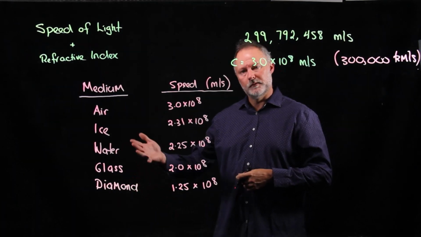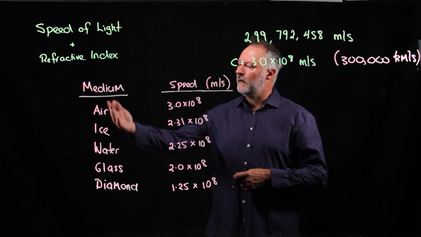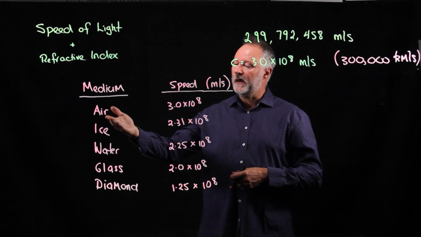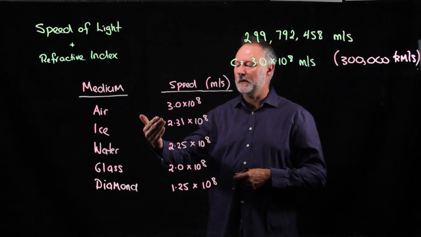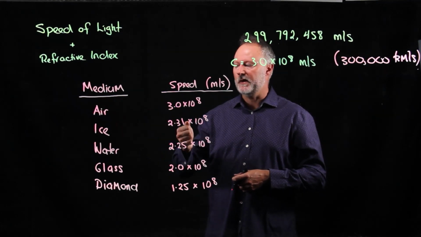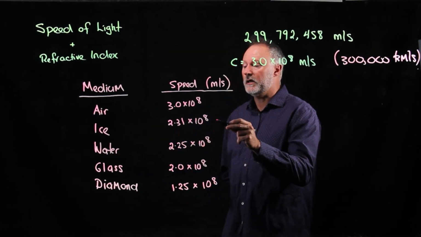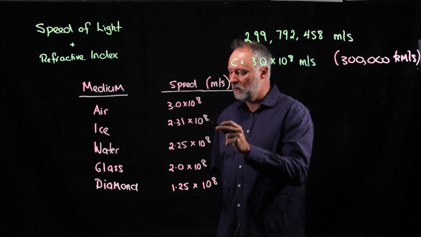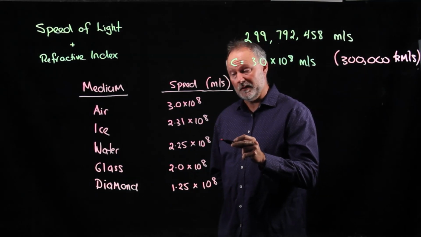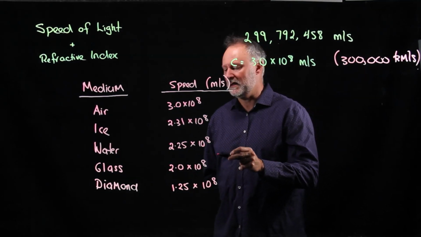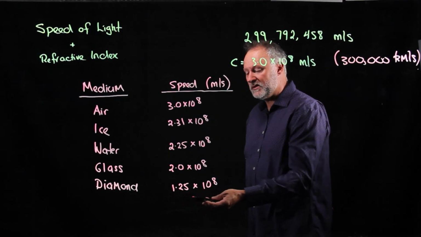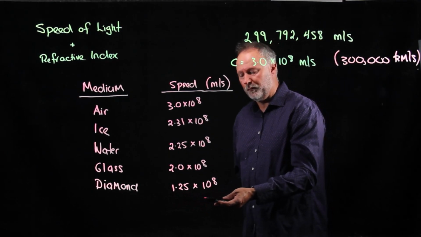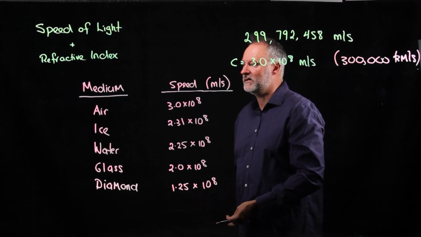So here we have the different speeds of light in the various mediums. Light travels in air at 3.0 by 10 to the 8 meters per second, which is effectively the same as a vacuum. In ice, light travels at 2.31 by 10 to the 8, water 2.25 by 10 to the 8, glass 2.0 by 10 to the 8, and in diamond, light has been slowed down significantly to a value of 1.25 by 10 to the 8 meters per second.